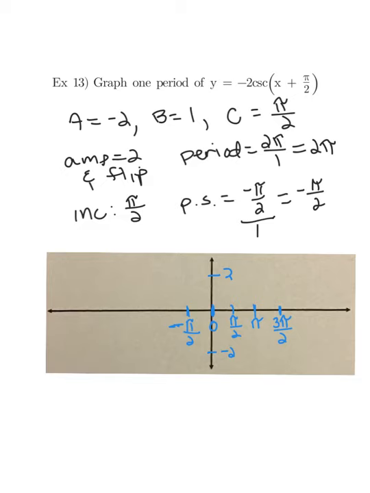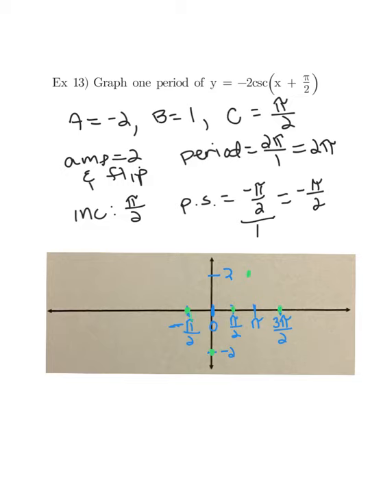Zeros will stay 0, so our first mark will stay 0. But instead of going upward for the second mark, we will go down because we are flipping. Go down to -2, then go back to 0, go up to +2, and then go back to 0.